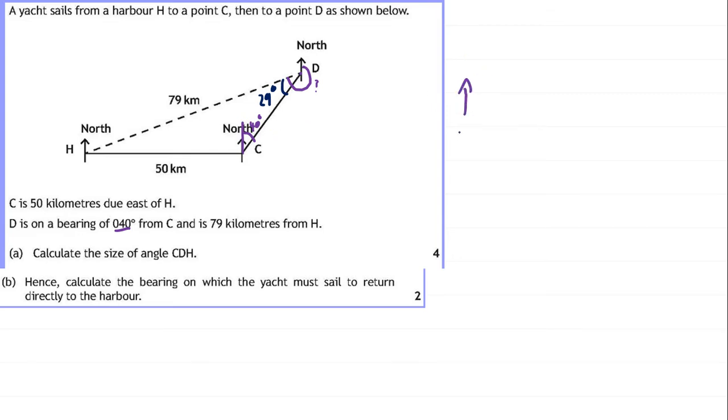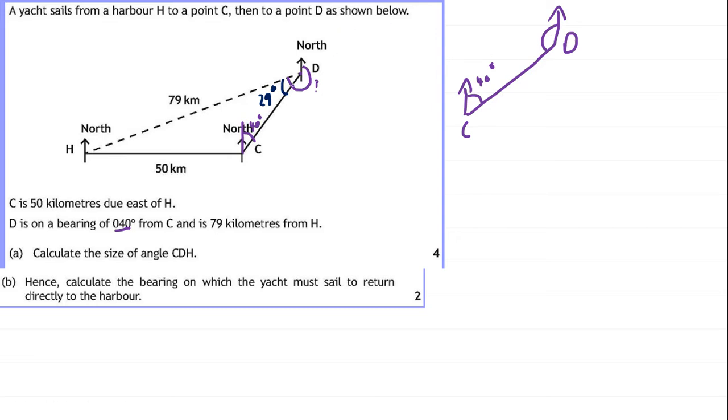So if this is C and this is D, and I'm going to ignore the dotted line for a second, we're going to draw this bearing here as 40 degrees. What do we know about this angle here?